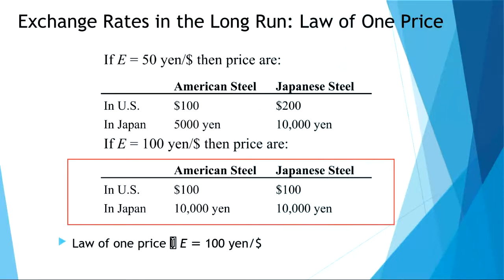Any exchange rate other than 100 will affect either the Japanese steel industry or the American steel industry as a whole. So the exchange rate should reflect the equilibrium.